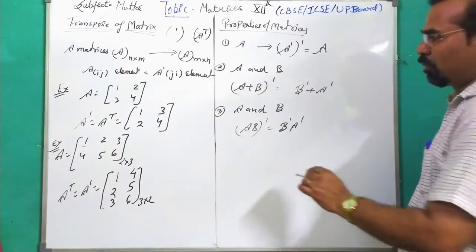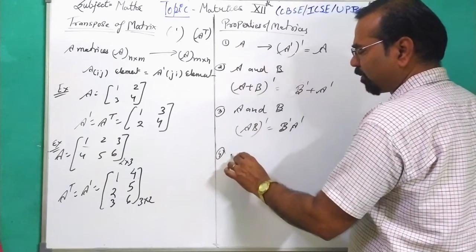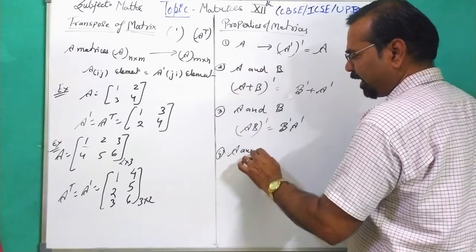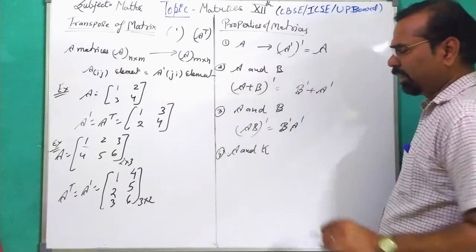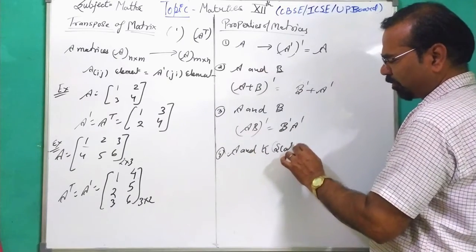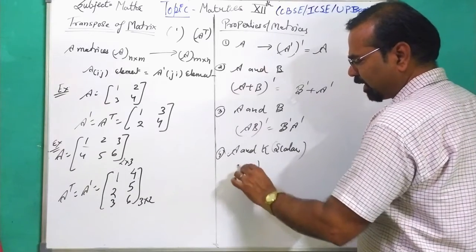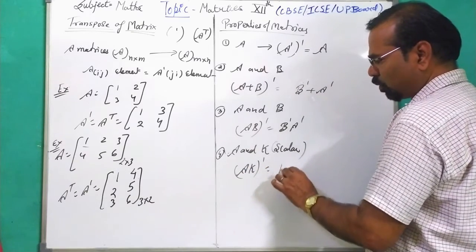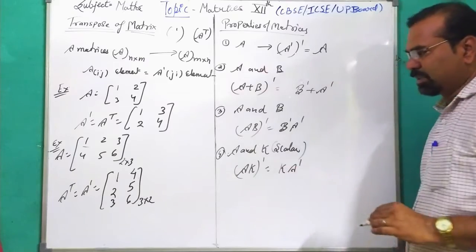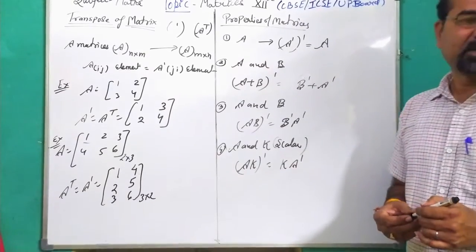Now the fourth one: suppose you are given any matrix A and multiply it by K, where K is any scalar quantity. Then the transpose of K A is equal to K times A dash. That is the property of matrices. Okay, students.